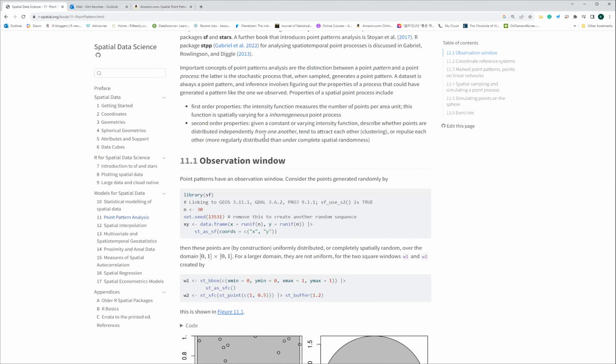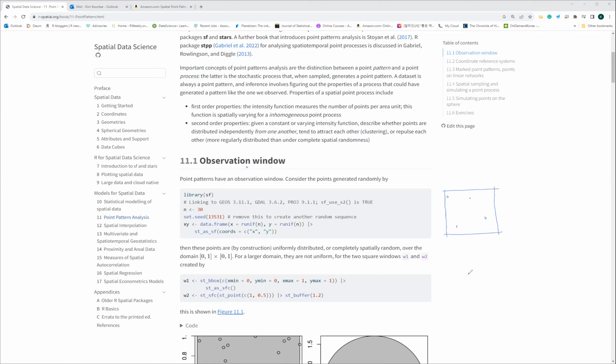Here, chapter 11.1 is the observation window. Whenever we create points like this, a bounding window should be defined so that we can calculate the intensity or density of the points as part of exploratory point analysis.